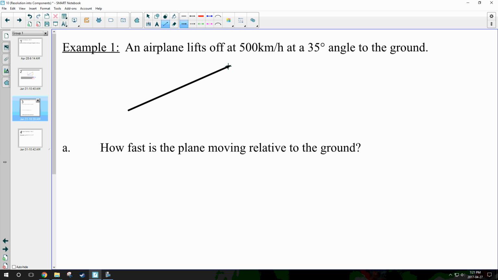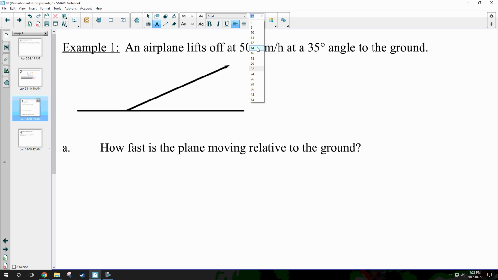So we have our plane. It's starting off on the ground here. It's going up at 500 kilometers per hour. So that's the magnitude of our vector, the 500 kilometers per hour.